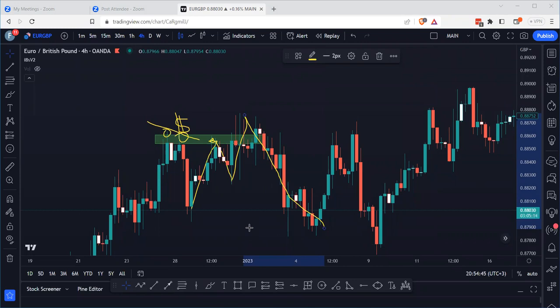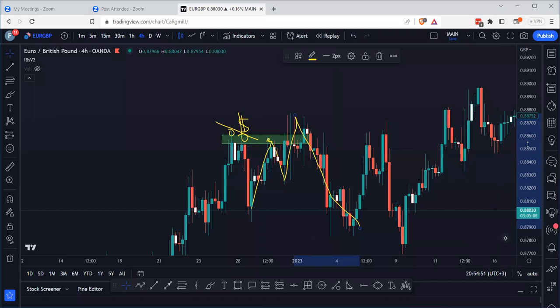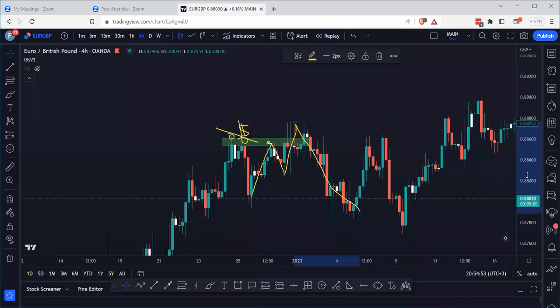Am I communicating, guys? I'm just showing you the importance of knowing where liquidity is so that you will be better placed as to where you'll be taking entry. This will make all the difference for you once you start applying it to your trading strategy.